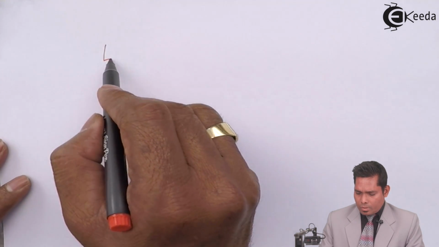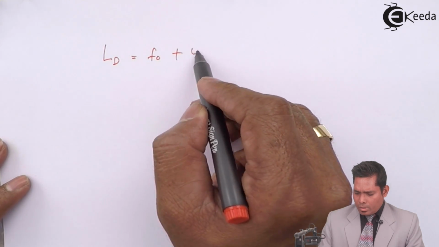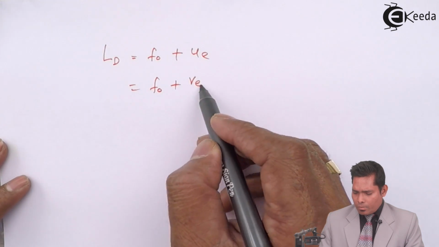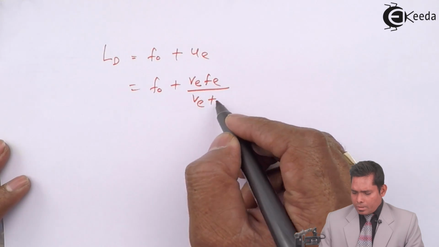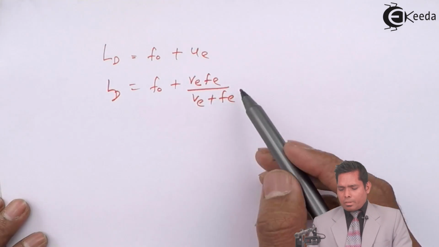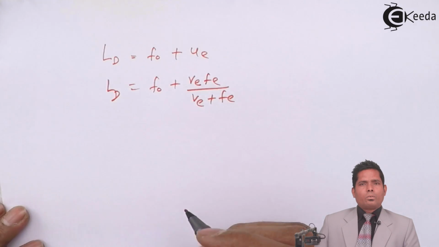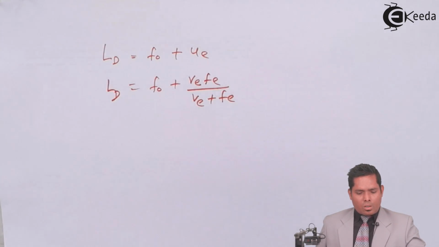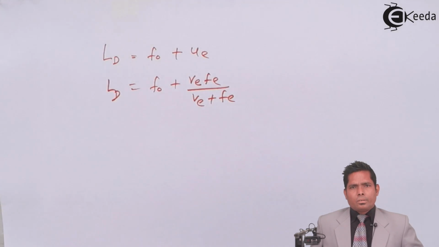So the length is FO plus UE, which is FO plus VE FE divided by VE plus FE. So this formula you can use. In the questions you will be given everything, then you can put that value here to get the length of the telescope. So this is how you find the magnifying power of telescope. Okay, thank you.